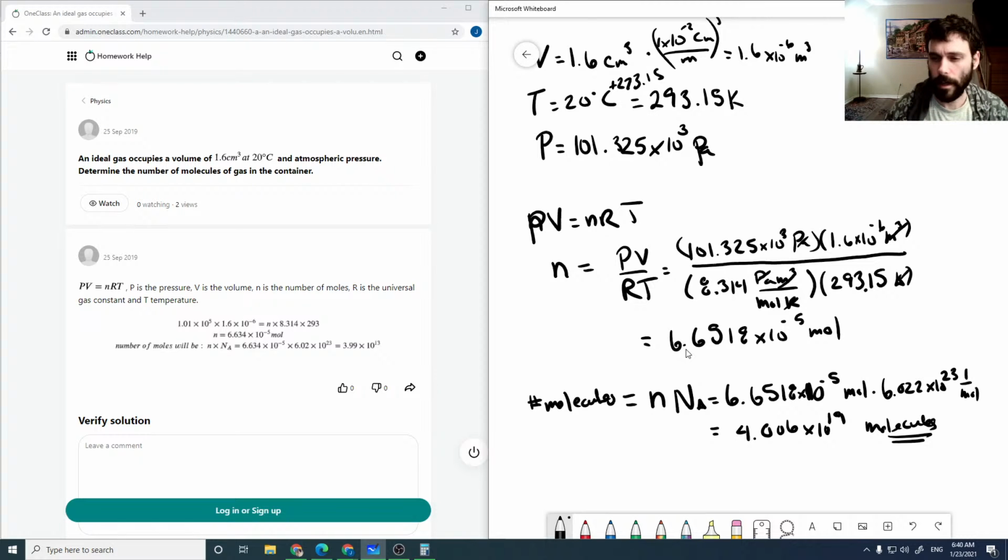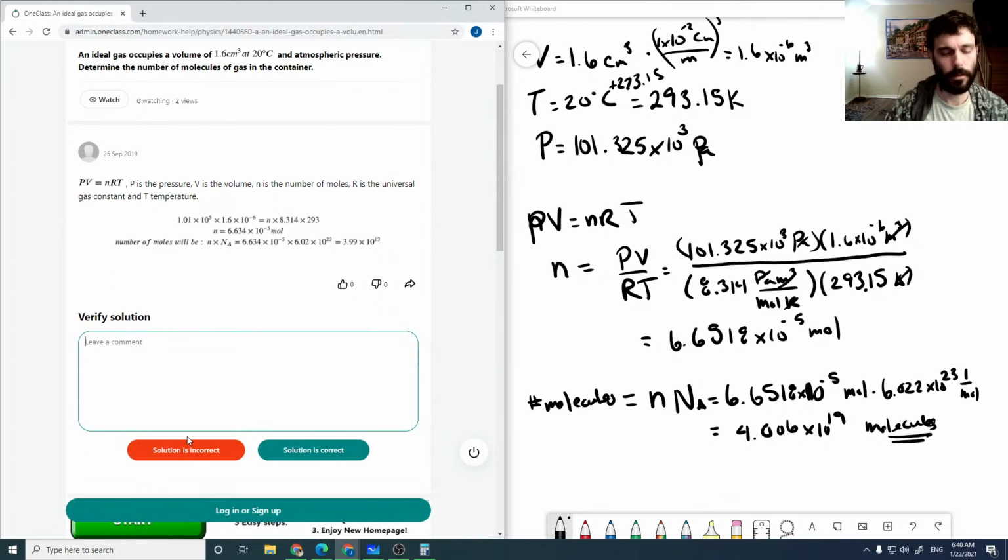They get 3.99 times 10 to the 13, which looks like a calculator error to me, because it should be roughly in the same range if you add up the exponents here. So 23 plus 5 minus 5 is 18. Obviously it's going to move depending on how these multiply. So it should be 18, 19, not 13. So I think there was a calculator mistake there.